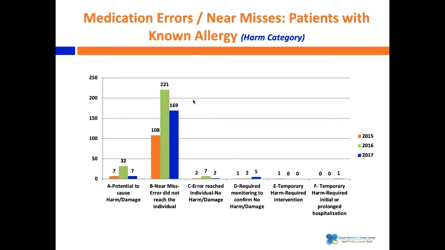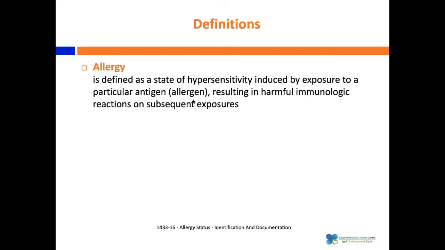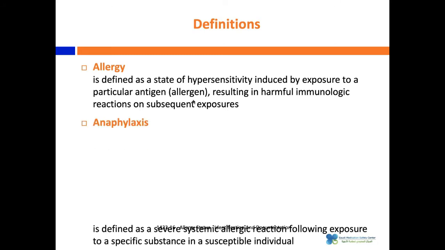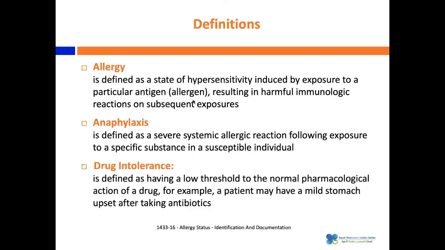Some definitions we'd like to share with you. What is allergy? Allergy is defined as a state of hypersensitivity induced by exposure to an allergen. What is anaphylaxis? It is a severe systemic allergic reaction following exposure to a specific substance or antigen. And what is a drug intolerance? It's defined as having a low threshold to the normal pharmacological action of a drug.